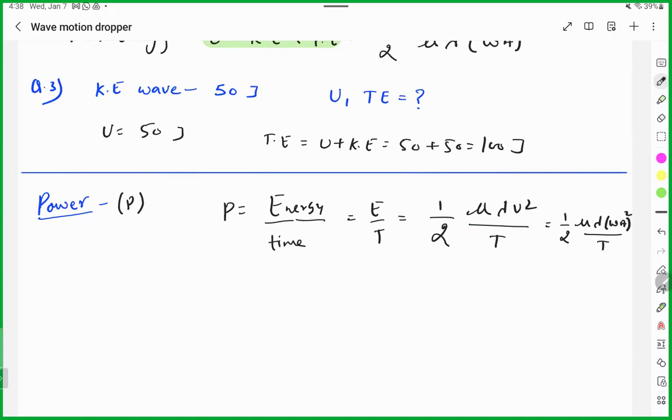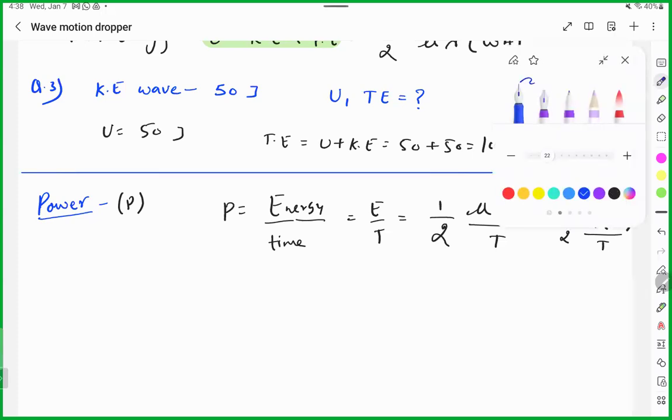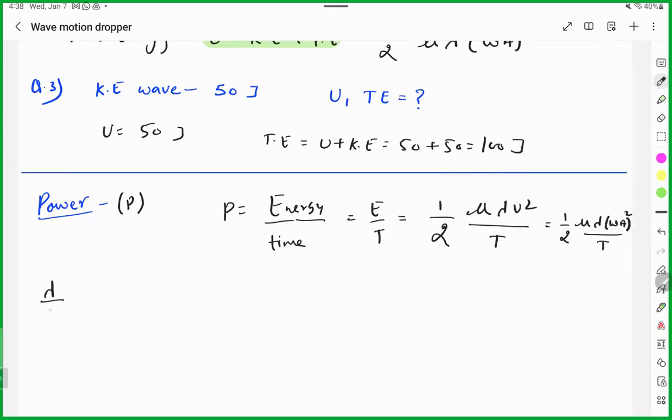What is lambda by time? Barinder, what is lambda by time? Velocity. Because 1 by t is frequency, right? 1 by t is equal to frequency.